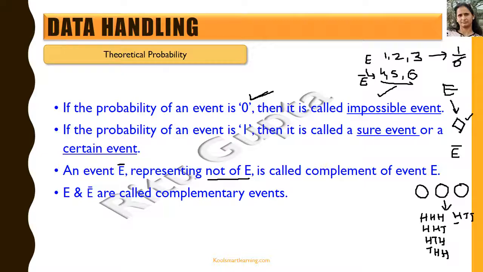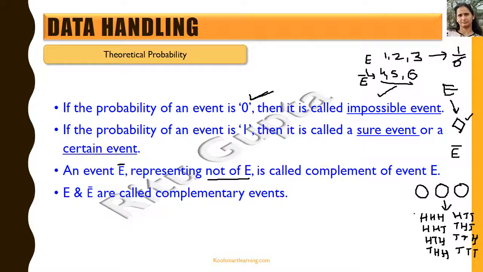We may have THT and we may have TTH. And finally, when we have no head, so it will be all tails in this case. Now we are saying we have to find out the probability of getting at least one head.